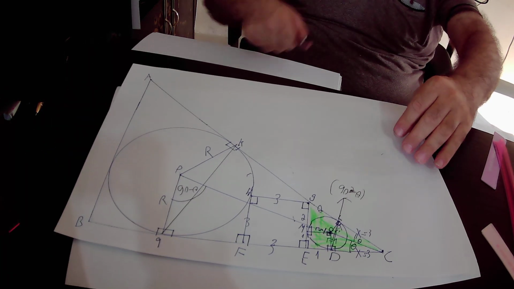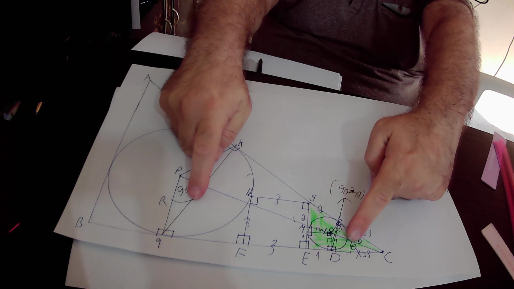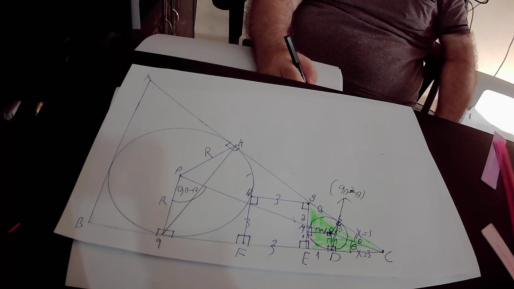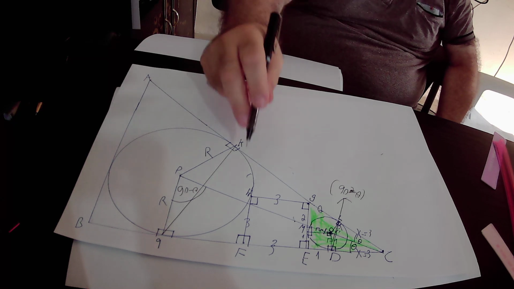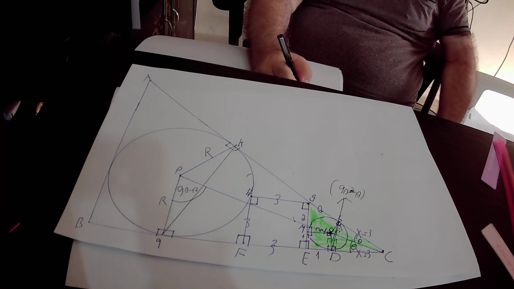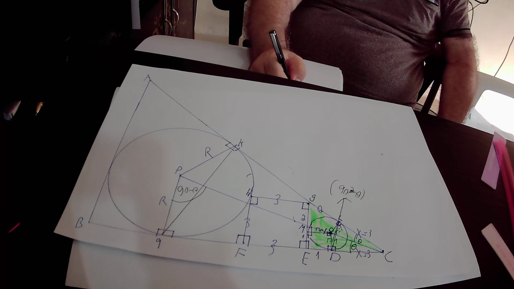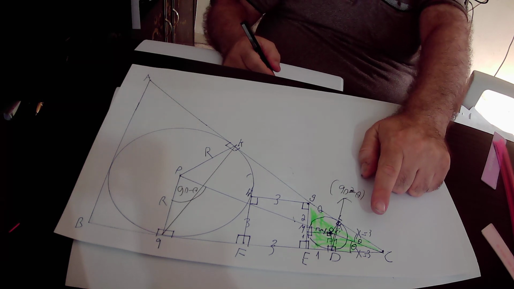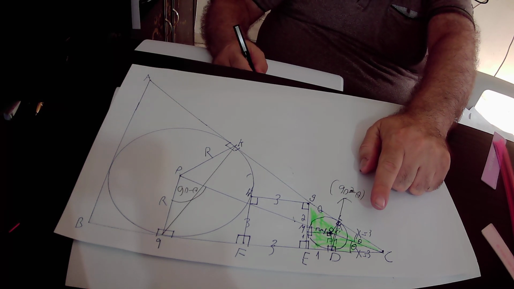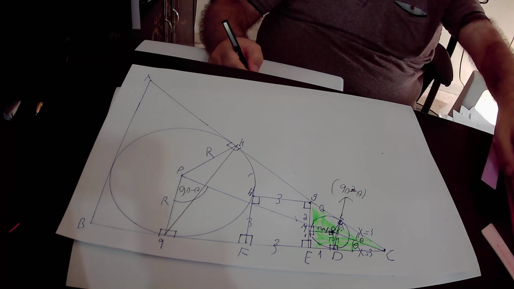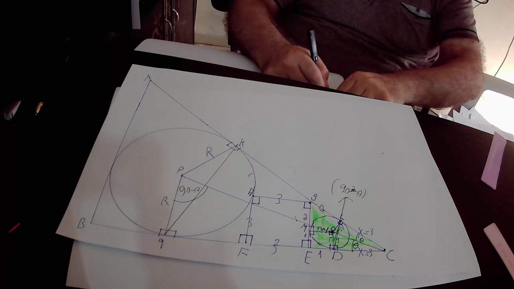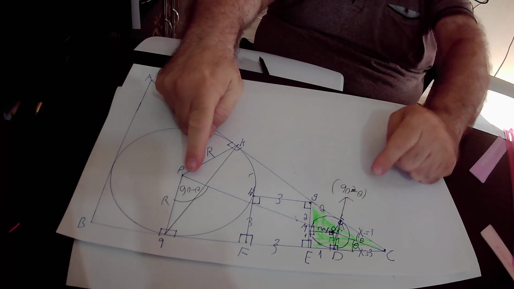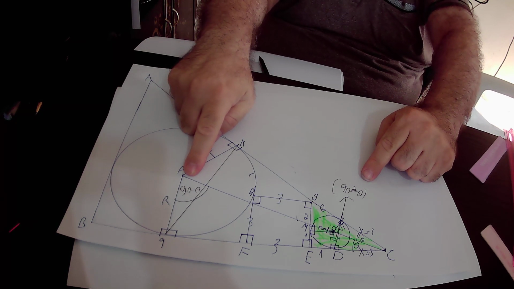Okay, so in the next step, we'll prove that those two triangles are similar to each other. So we'll prove that the right big triangle PQC is similar to the right green small triangle, triangle ODC. Why are those two triangles similar? First of all, we just found out that those two angles are both equal to 90 degrees minus theta, therefore they are equal to each other.